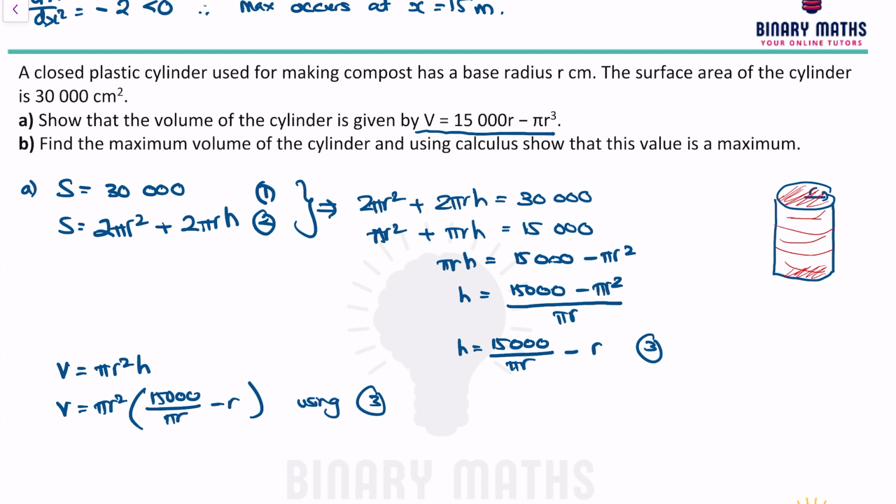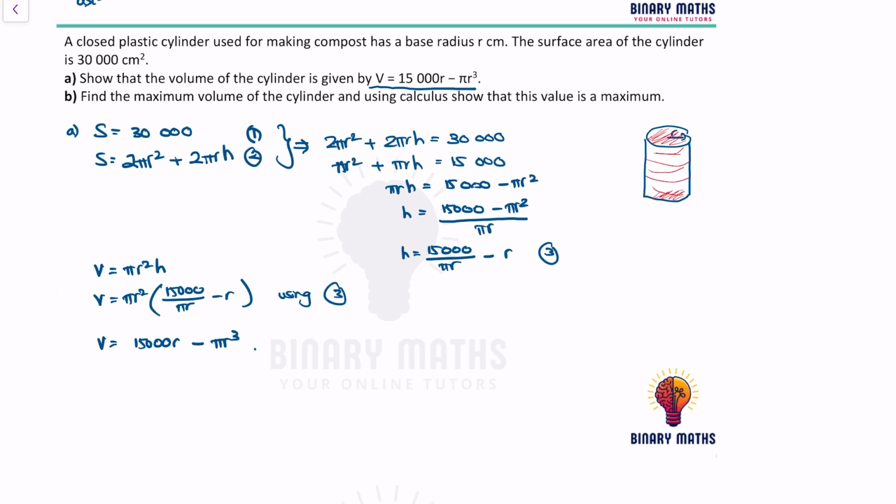If I multiply it out, I end up getting V is equal to, pi r and pi r cancel out, so I get 15,000 r, which is what I wanted for the first term, and then I get pi r cubed. So I've just shown that that is true.